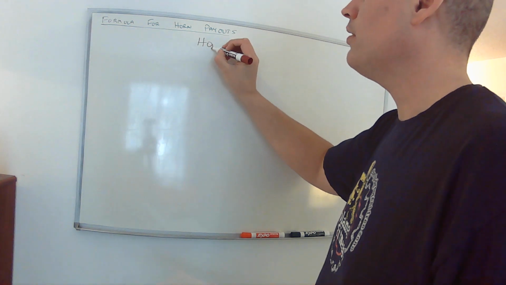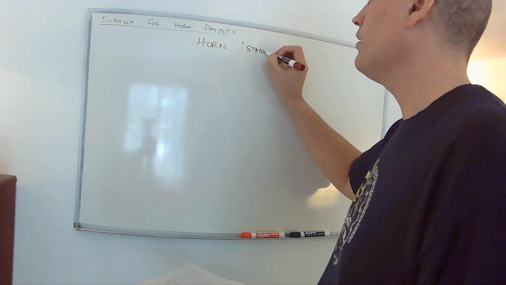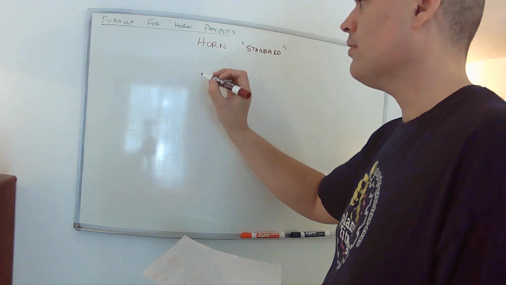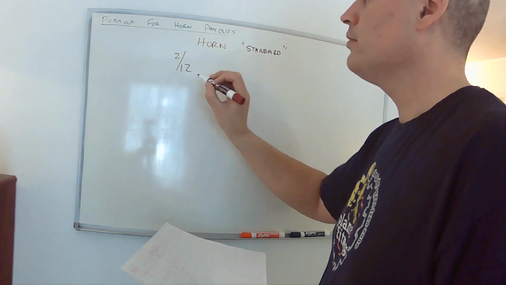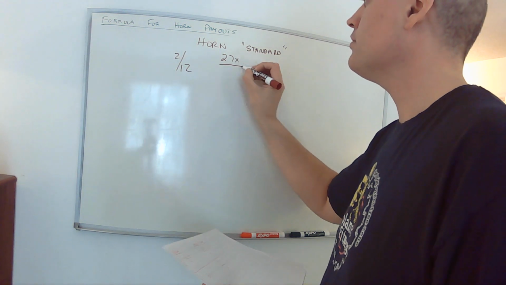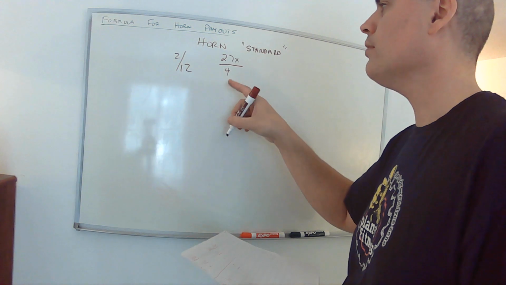The horn standard bet, the formula for the 2 and the 12 is 27x, or 27 times whatever your bet was, over 4.